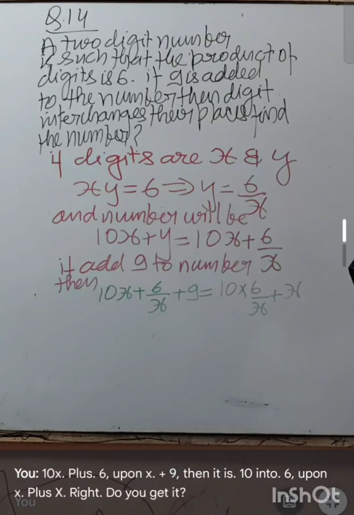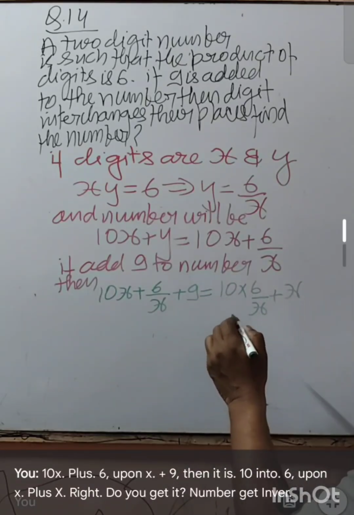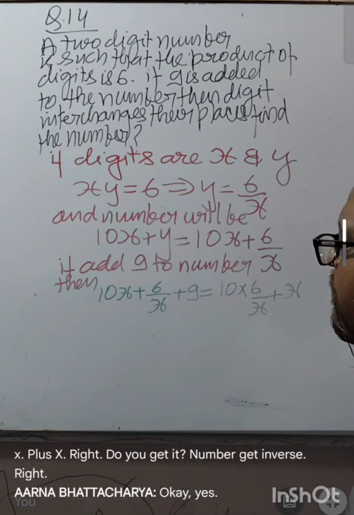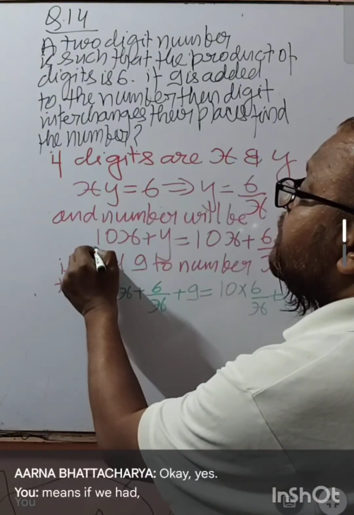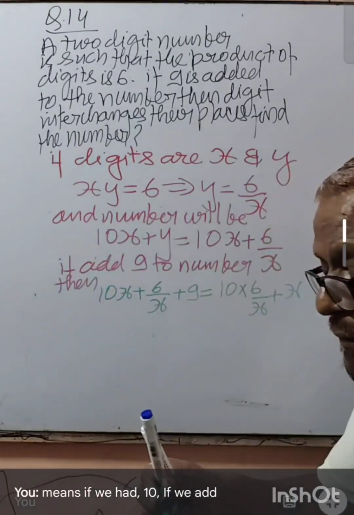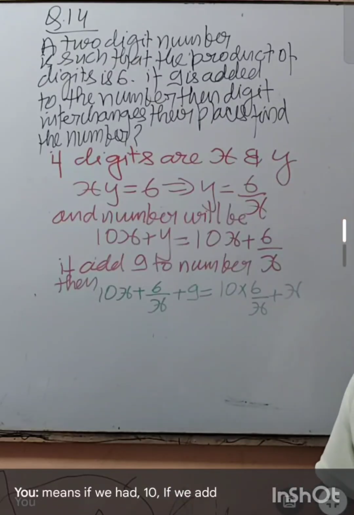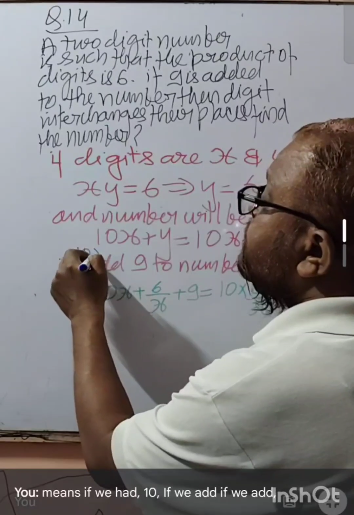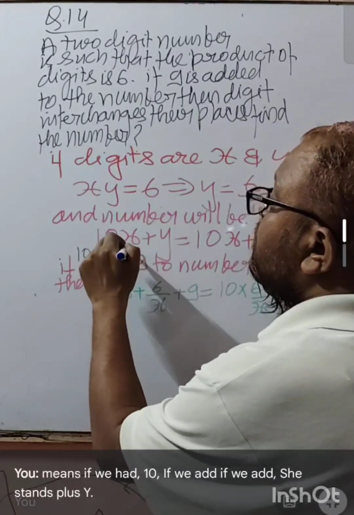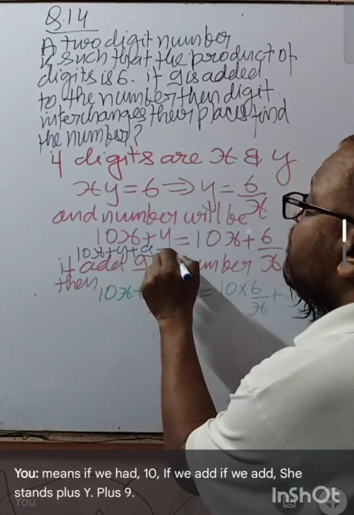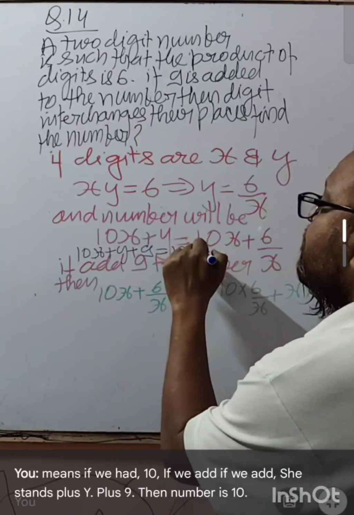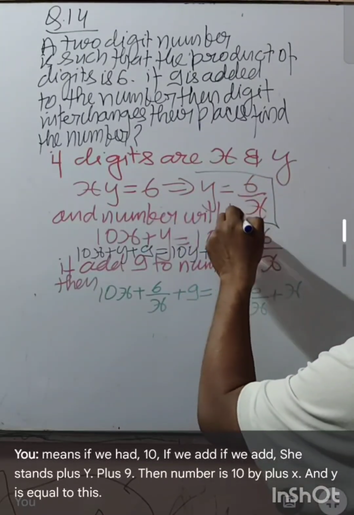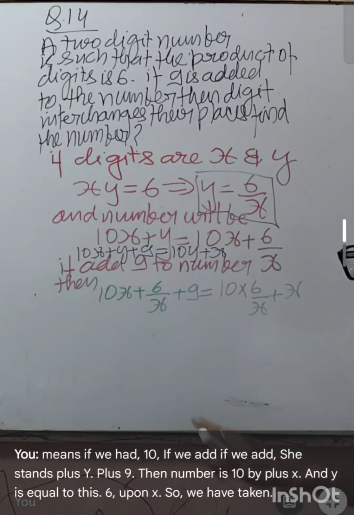Do you get it? The number gets inverted, means 10x plus y plus 9 becomes 10y plus x, and y is equal to 6 upon x.